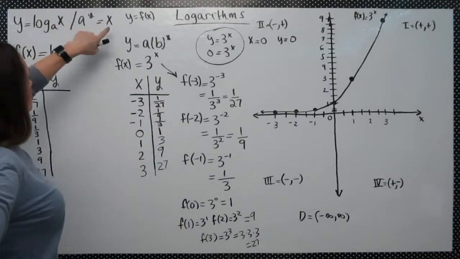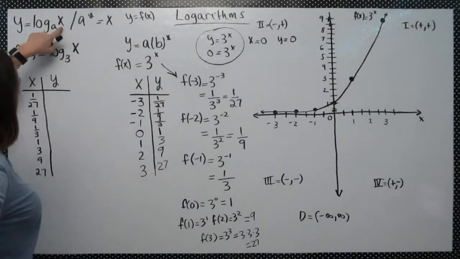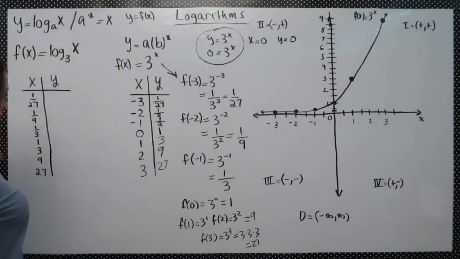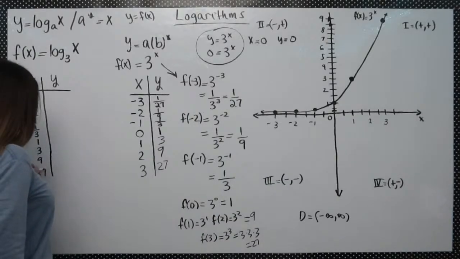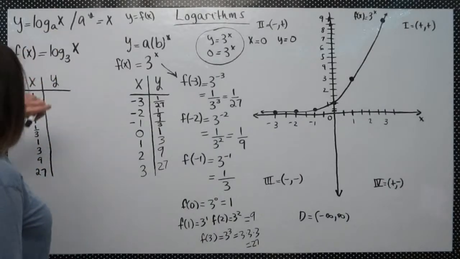You cannot put 0 in the argument. If you do that, it will give you a domain error, because with logs you cannot have a 0 or a negative, and the argument has to be greater than 0.